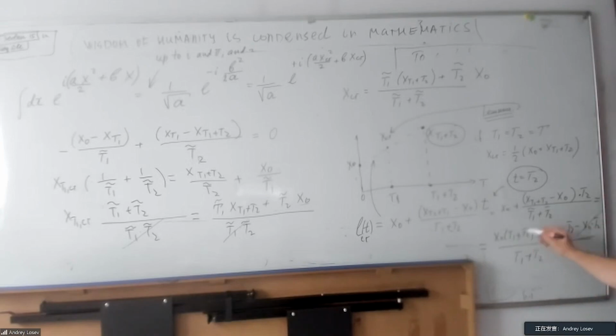Then this term cancels this term. So did I get it right? Wrong. I should have t1 here. So this term cancels, not this term. It cancels this term. So I'm getting x0 times t1.